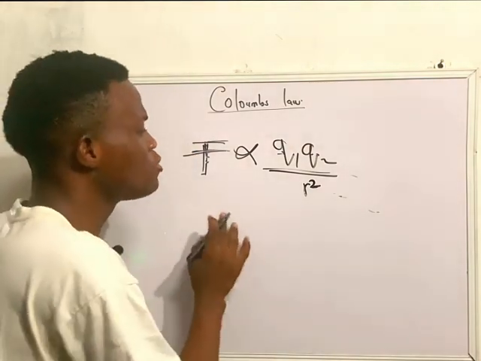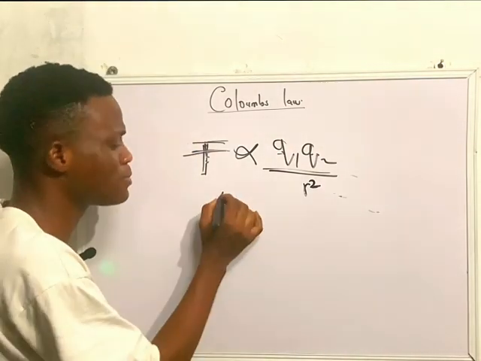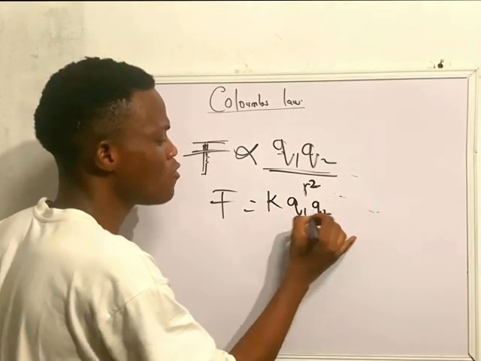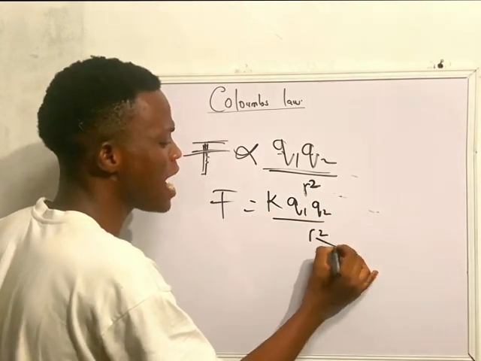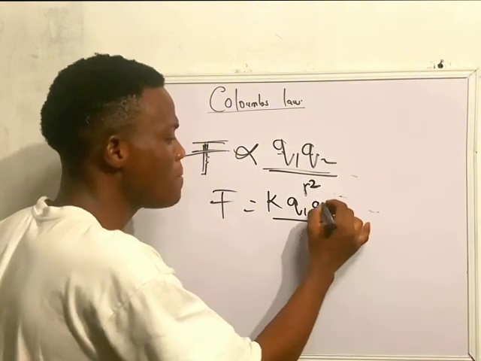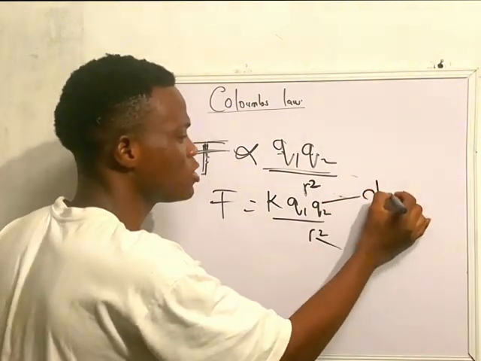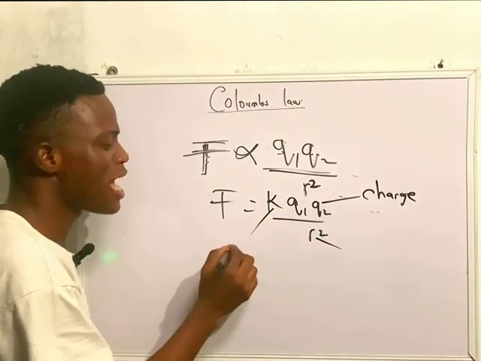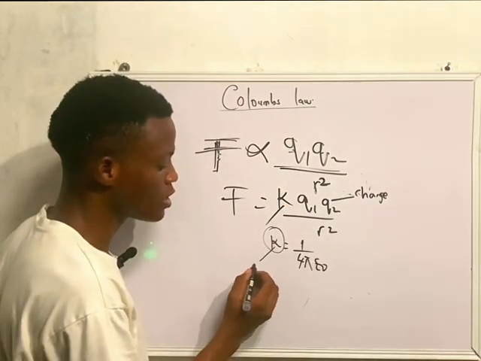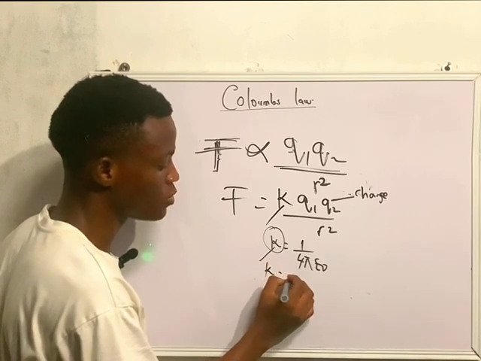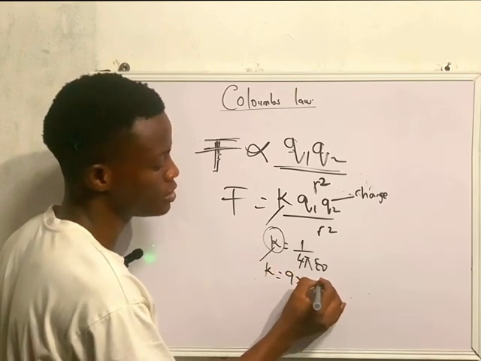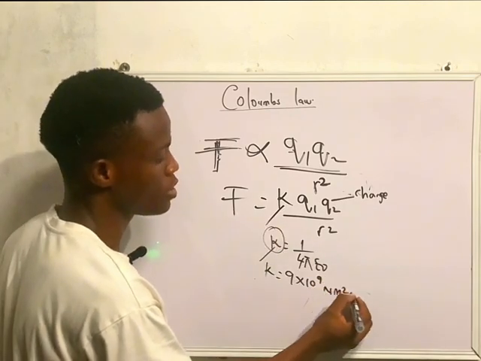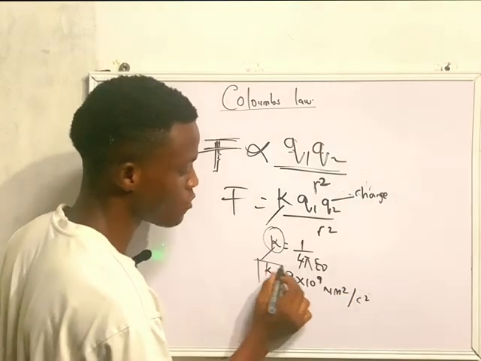To introduce the constant, I will say F is equal to K Q1 Q2 over R squared, where R is the distance, Q is the quantity of charge, and K is our constant. The value of K is 9 times 10 to the power 9, with the unit Newton meter squared per Coulomb squared.